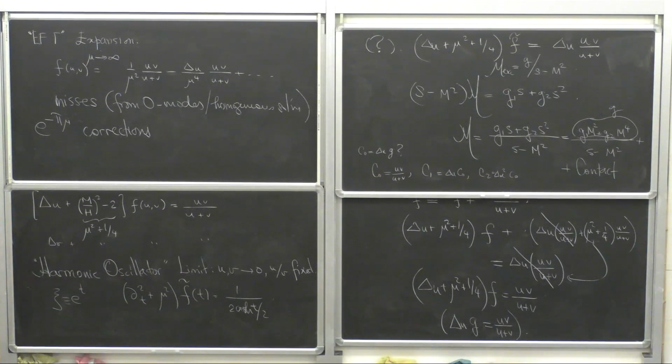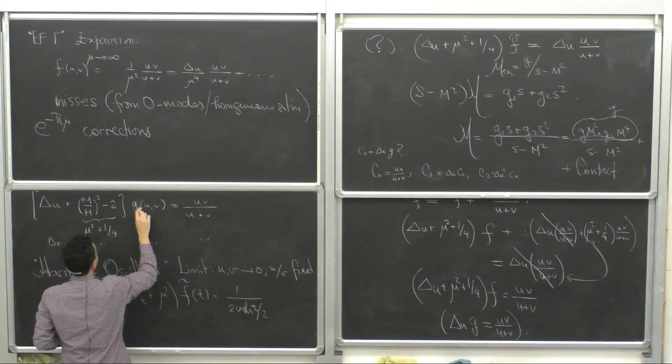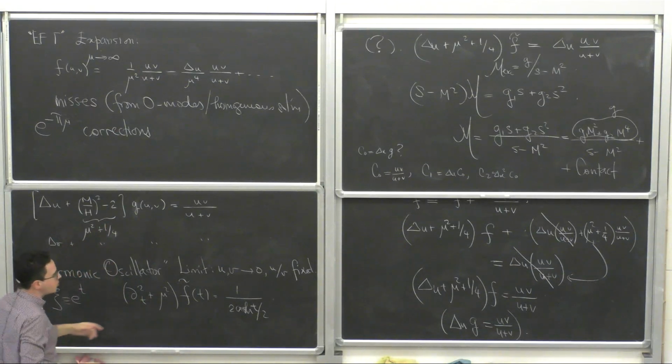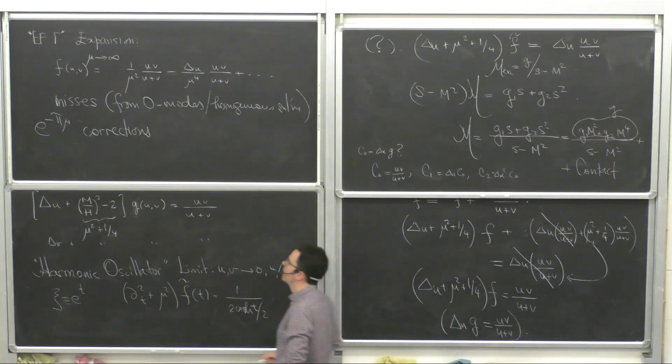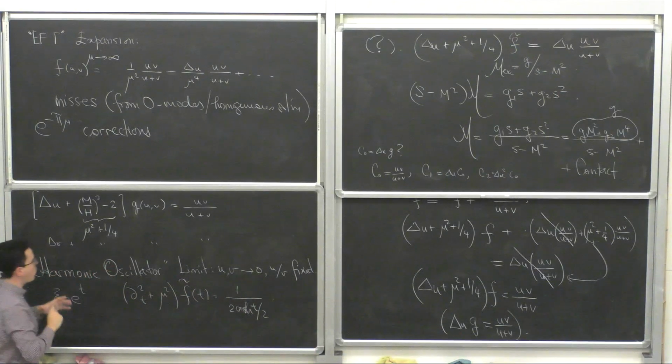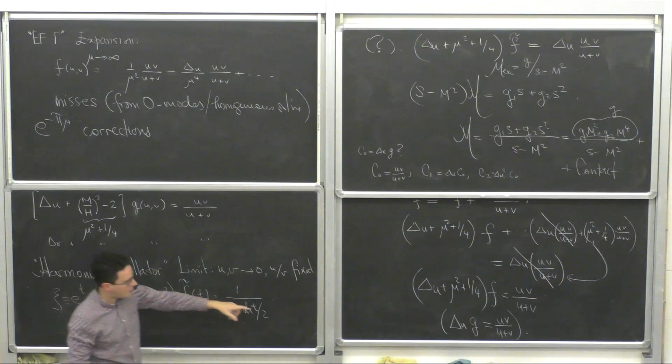What is G? Guys, let me help you. If I put G here, what do I have to do to this equation so that it's equal to this one? What do I have to do to this equation to get there?